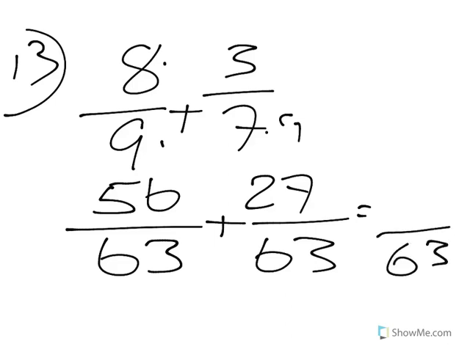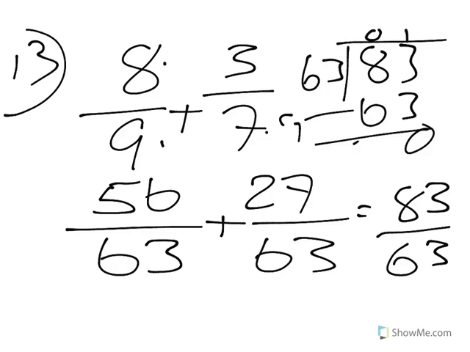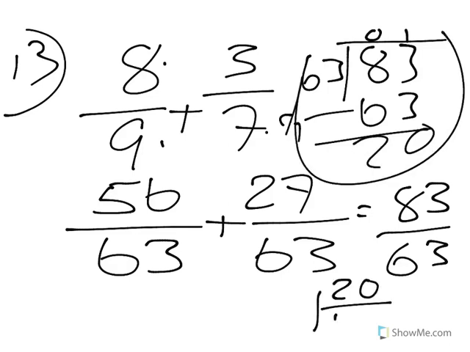So when I add 56 plus 27, I should get 83. 83/63 is improper, so I want to divide it. 63 does not go into 8. 63 goes into 83 one time. I go clockwise, so my answer is 1 and 20/63.